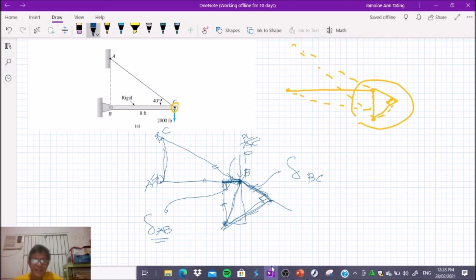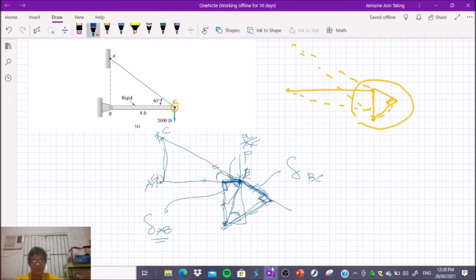Ngayon, since ito is 90 degrees dito, then ito dire-diretso dyan, 90. So, ngayon, ito, magiging 90 din ito dito. Yan. So, ngayon ito, perpendicular line, 90 din ito dito. So, you can solve for this angle. And this angle will be equal to this angle.